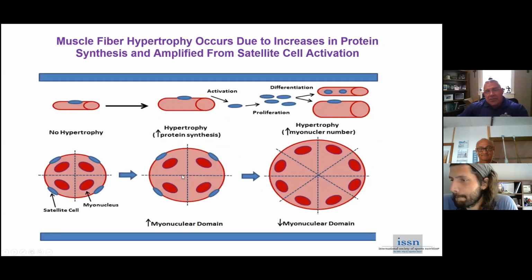So that's what this slide shows, where we have no hypertrophy. This is a satellite cell, this is a myonucleus, and this is an unstimulated muscle fiber. Over the course of time with resistance exercise training, the muscle can hypertrophy, and it can do so quite significantly, but it can do that without significant assistance, or any assistance, from satellite cell activation.